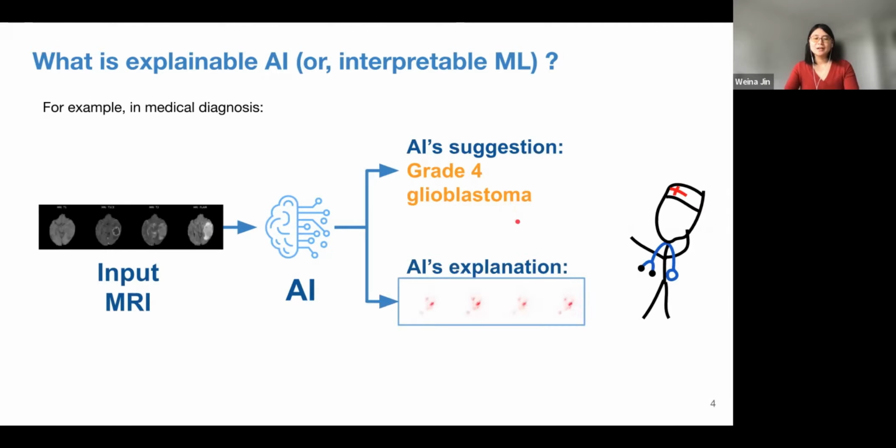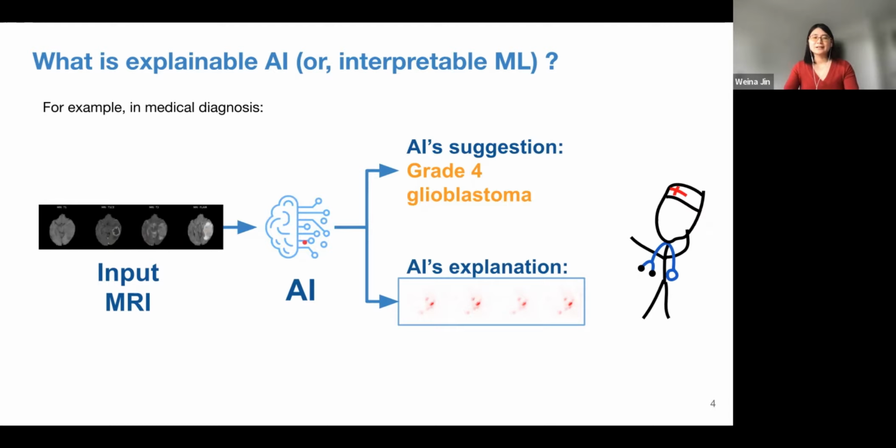So this is a popular way of explaining with AI explanation. We can show the important features on this input MRI to show here the AI looks at the tumor site, and based on those image features, the AI concludes this is a high-grade brain tumor.